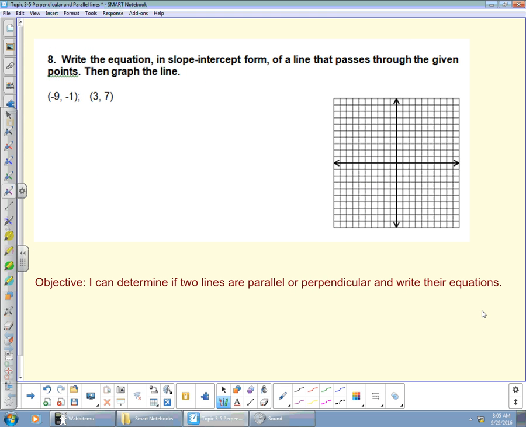Okay, so write the equation in slope-intercept form of a line that passes through the given points, and then graph the line. Okay, if I were doing this problem, this is how I would do it. I would plot these points. So -9, -1 would be here, and then 3, 7 would be here.